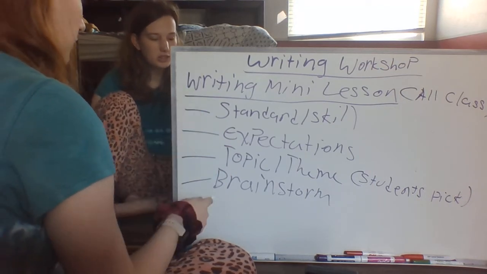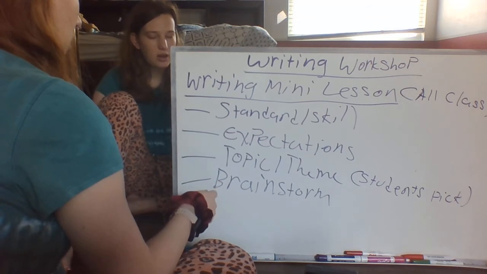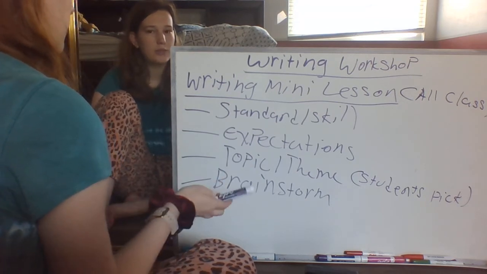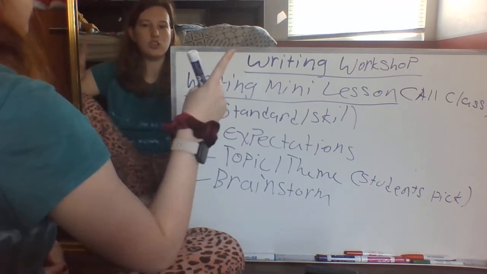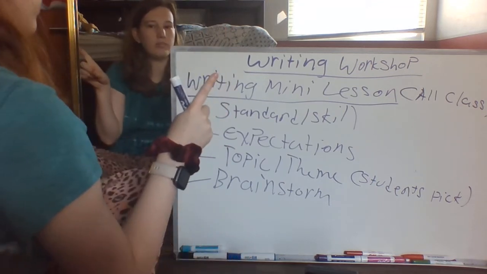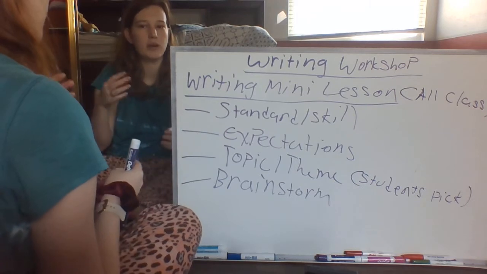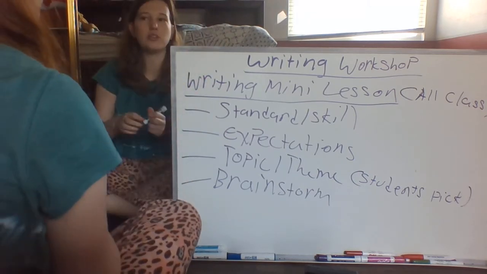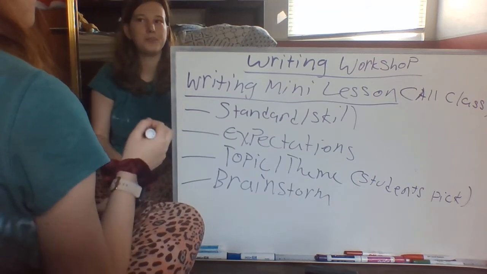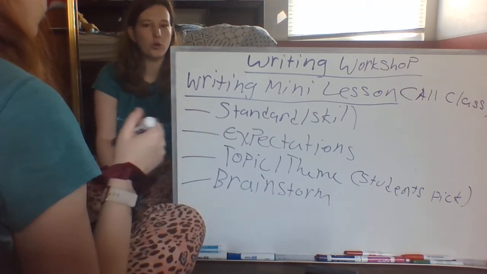But the brainstorming aspect that I really enjoyed watching in the videos is the students were drawing out pictures of what they were going to talk about. And the teacher modeled this first. She said, okay, here's what I'm going to do. I'm going to draw out this funny story.